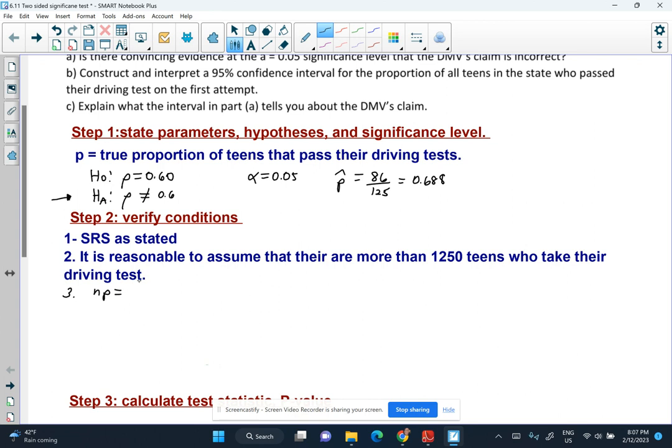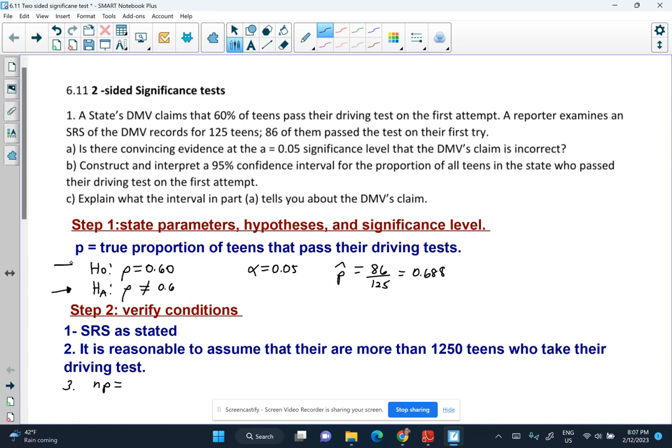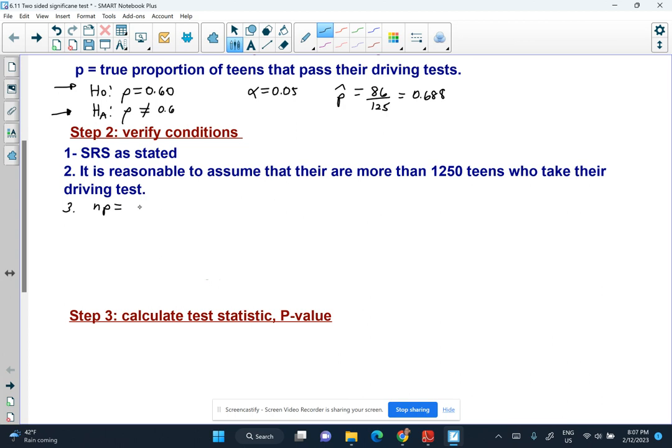And again, when you're dealing with hypothesis tests, since you define p in your null hypothesis, that's what you should be using. So np is 125 times 0.6, which is 75, and that's certainly greater than or equal to 10.